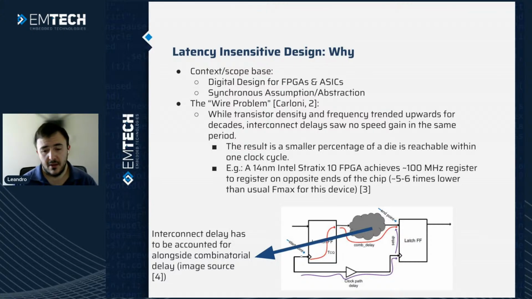So this means that it takes maybe 5 or 10 clock cycles from a register on one end of the FPGA to reach the other end.